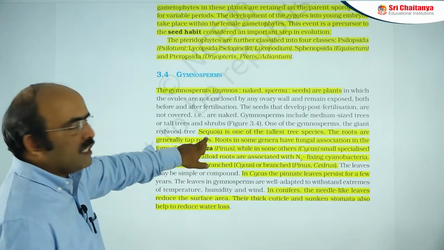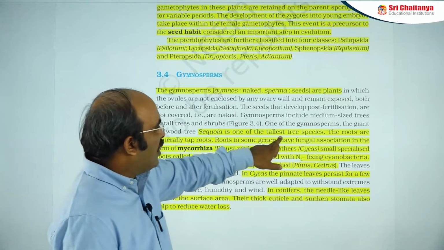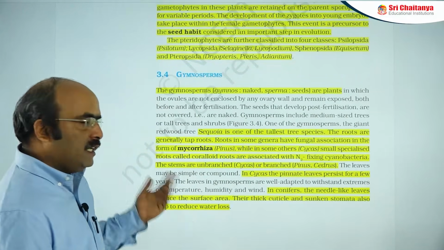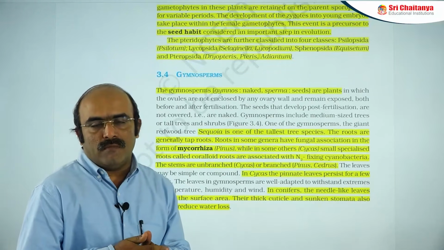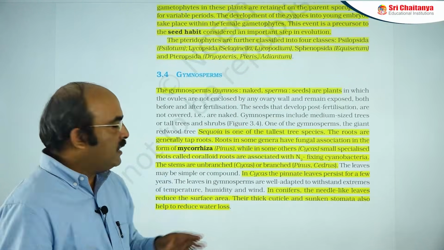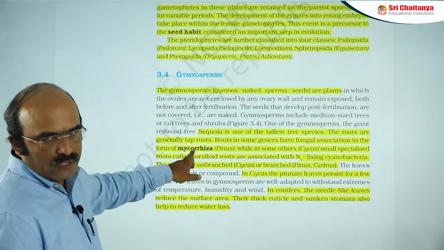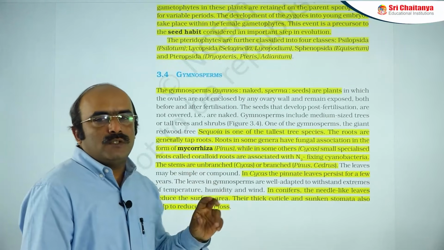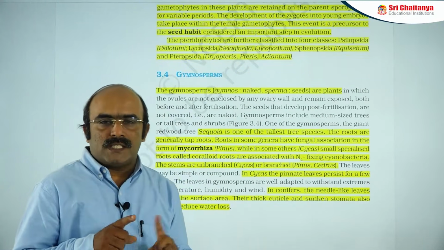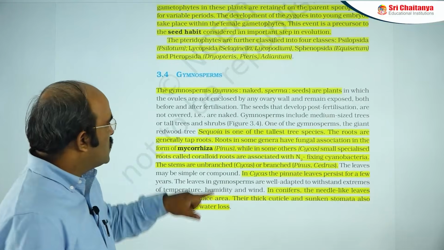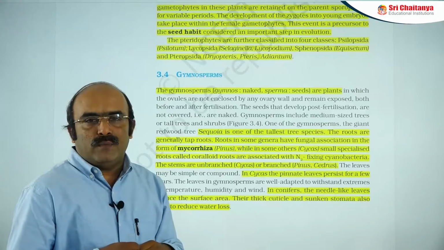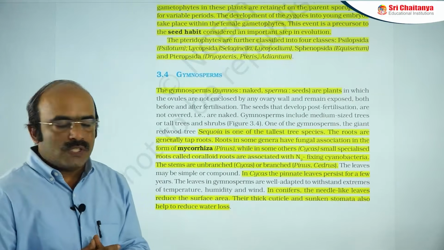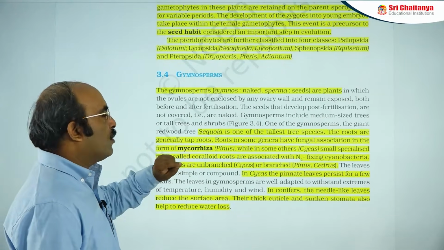You could see Sequoia, which is one of the tallest tree species, and here you could observe a completely developed plant body where the dominant stage is the sporophyte, and you could notice taproots. These taproots in two different plants, namely Pinus and Cycas, also show modifications. In the case of Pinus, you observe fungal hyphae associated with the roots, therefore they are called mycorrhizal roots.